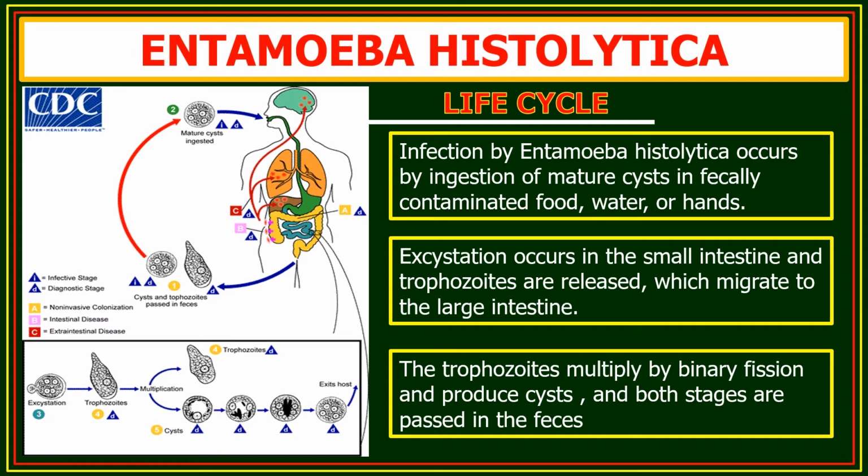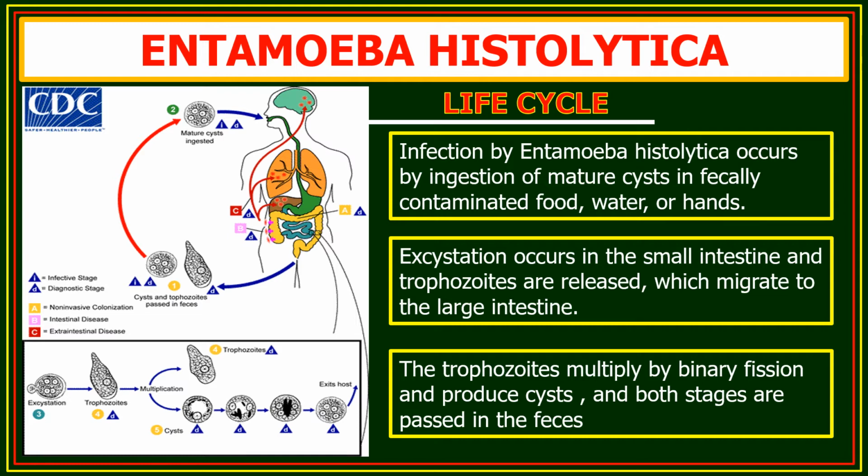The life cycle of Entamoeba histolytica starts with the ingestion of mature cysts in fecally contaminated food, water, or hands. Once ingested by a person, the next process is excystation, which occurs in the small intestine.